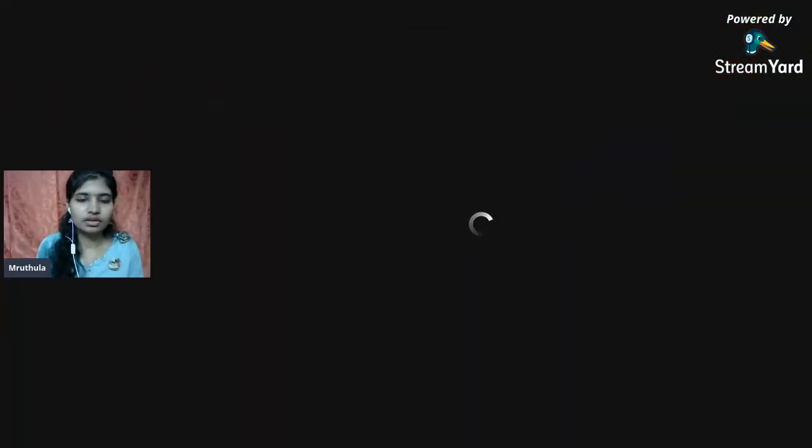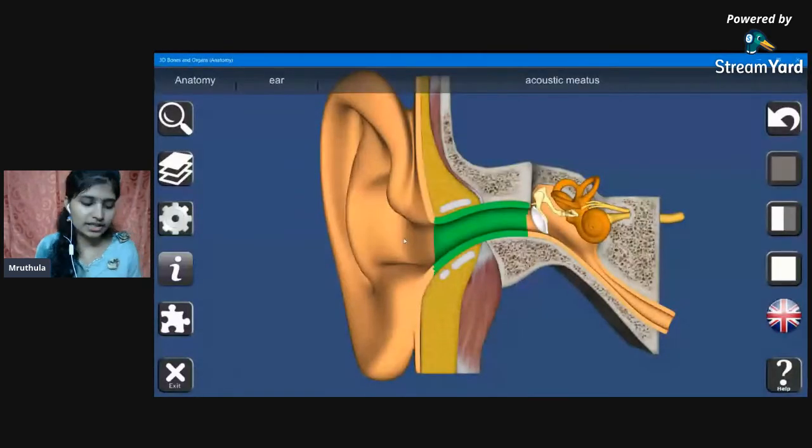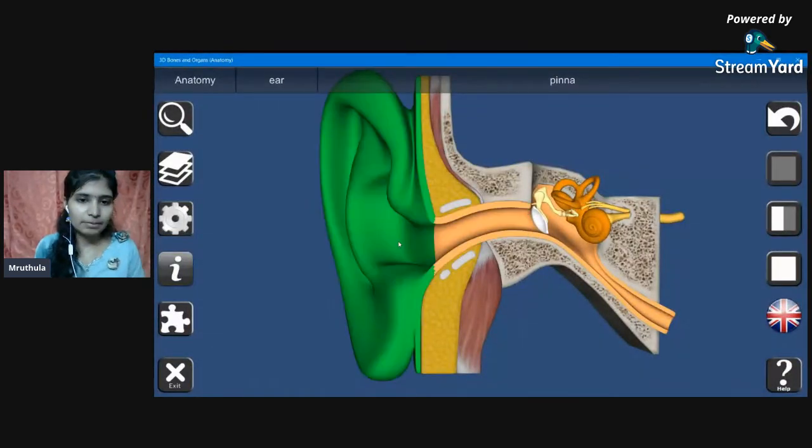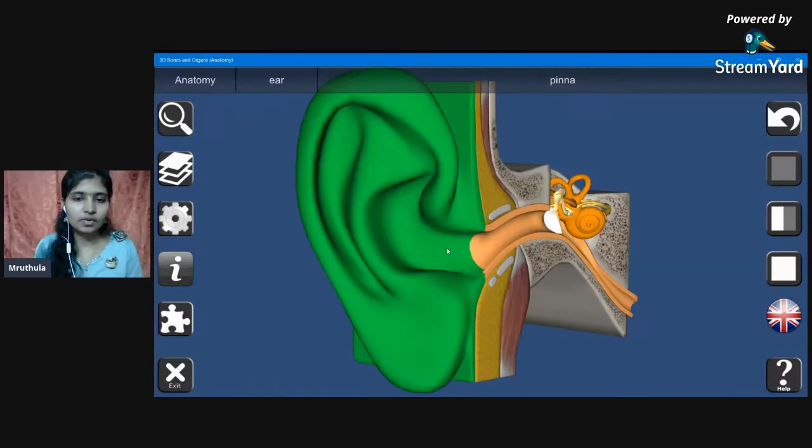Right, now we'll have some quick questions. So we are starting from the external ear. What are the two parts of the external ear? You can just type your answers. What are the two parts of the external ear?